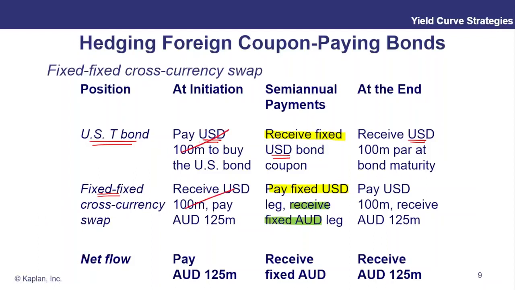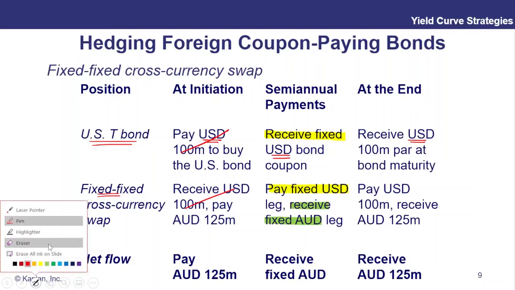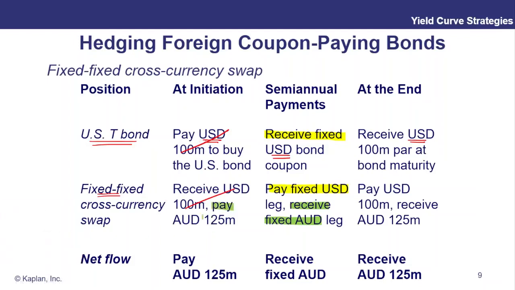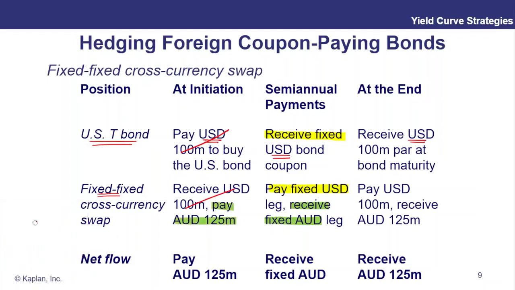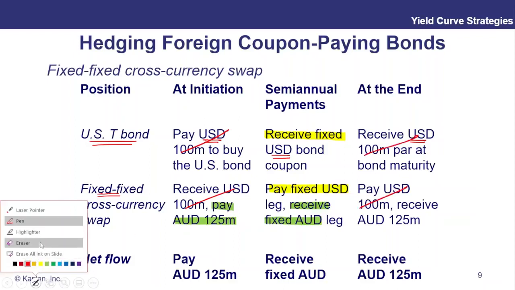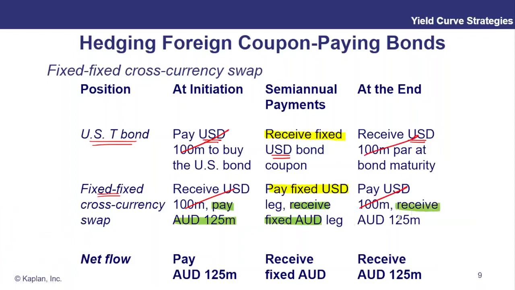So they wash, and you're just left essentially paying out the Aussie principal at the start. Similarly, the principal you get back on the bond washes out with the principal you need to pay away under the swap, and you're just left with receiving the Aussie principal at the end of the swap's life.